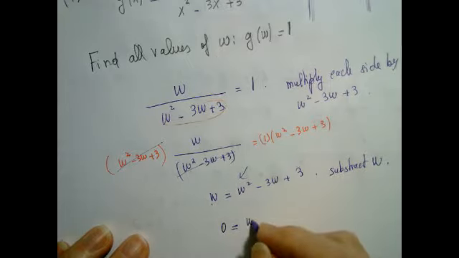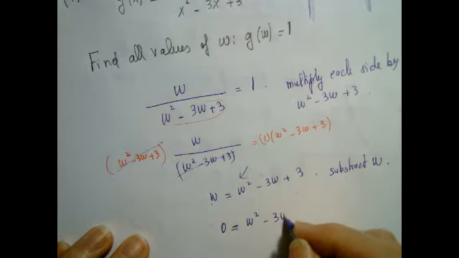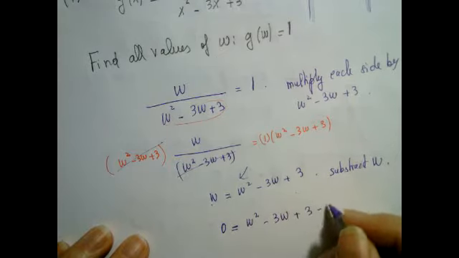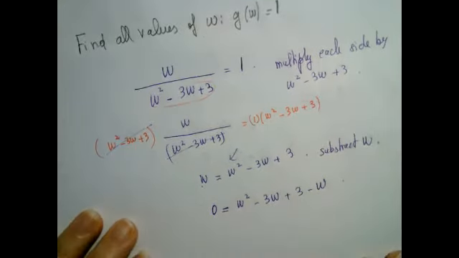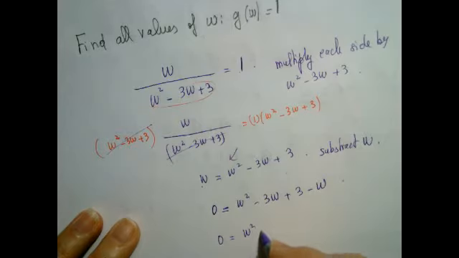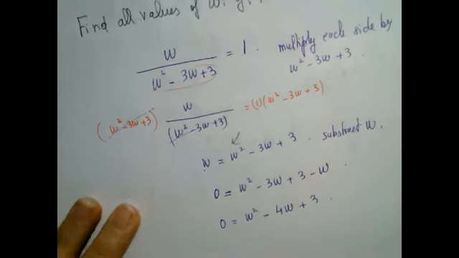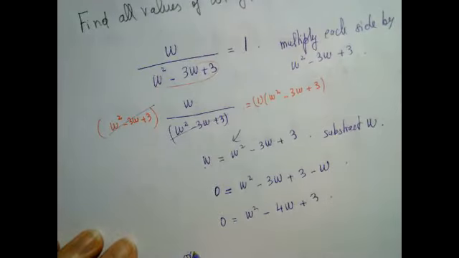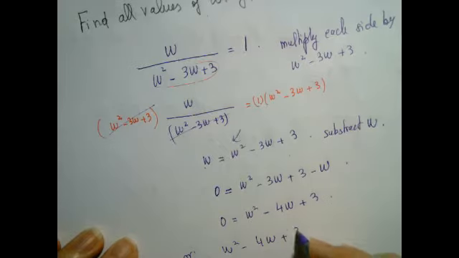And this would give me w squared minus 3w plus 3 minus w. Okay. And this will end up with 0 equal w squared minus 4w plus 3. Or if you want, I can switch them around, so I keep the same thing, but I put the 0 to the right so it will look nicer.